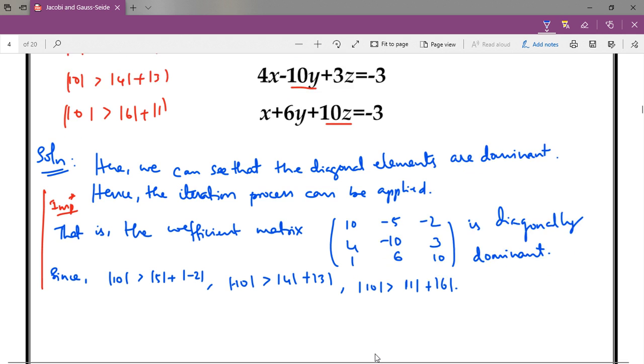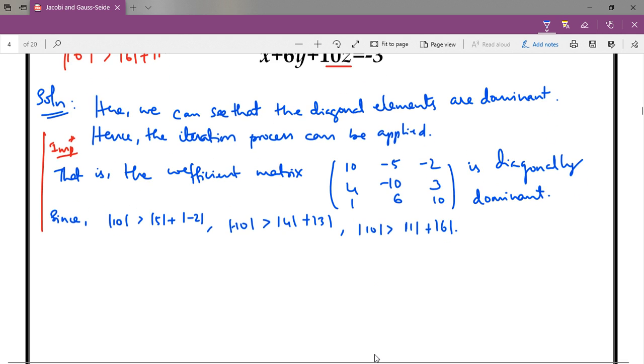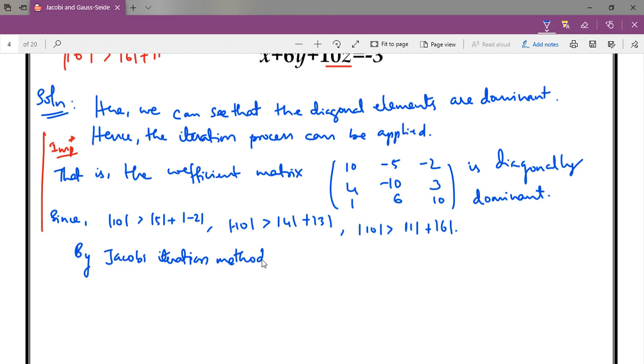Now see what happens. Now by Jacobi iteration method, solve for x, y, z. Solving for x, y, z, we get.